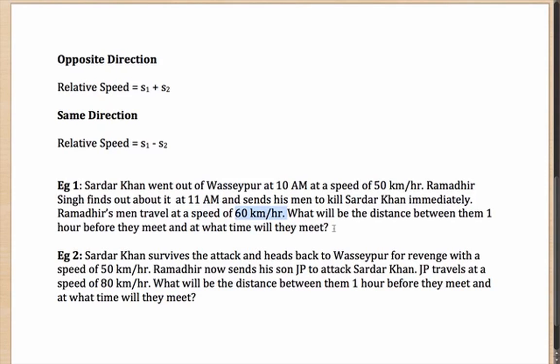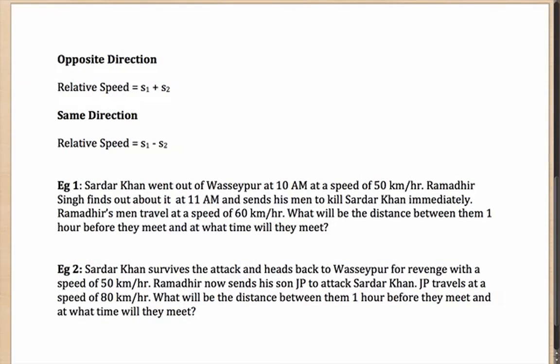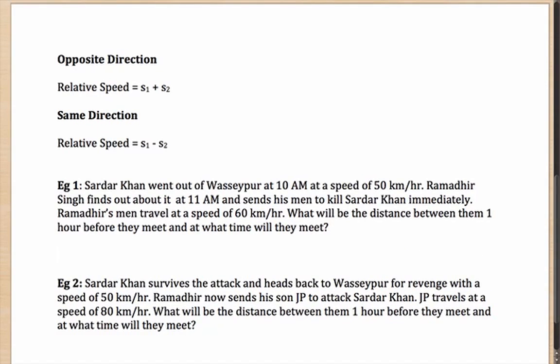The question is, what will be the distance between them 1 hour before they meet and at what time will they meet? So to start off, Sardar Khan is moving at a speed of 50 kilometers per hour. He started at 10 a.m. By the time Ramadhir Singh finds out about it, that is at 11 a.m., Sardar Khan would be 50 kilometers out of Wasipur.